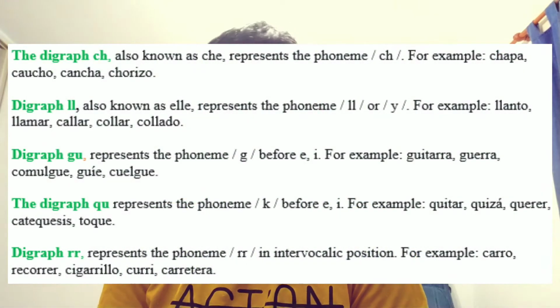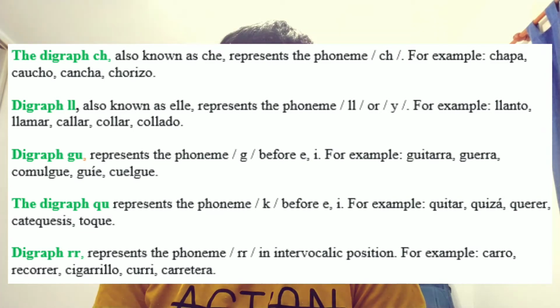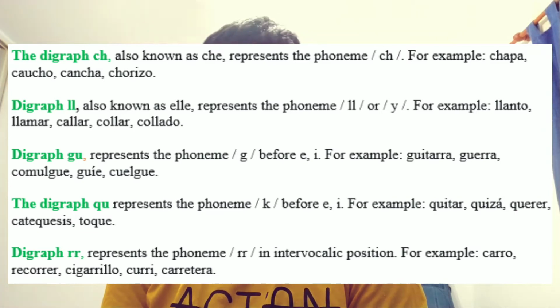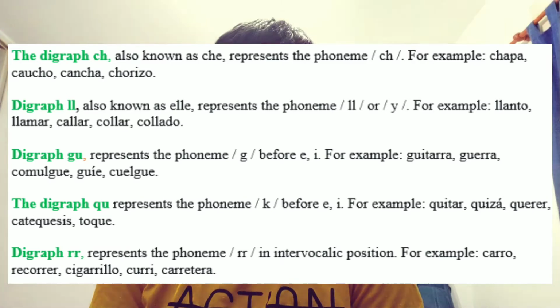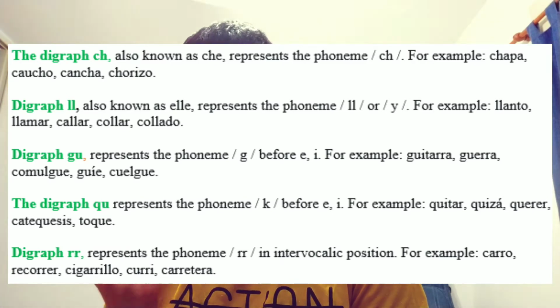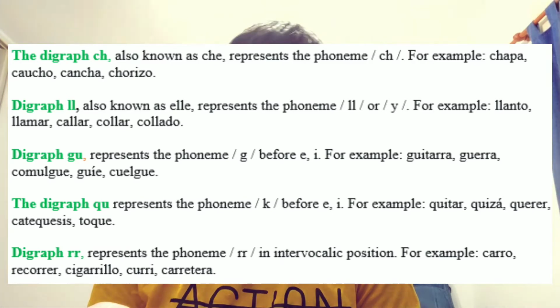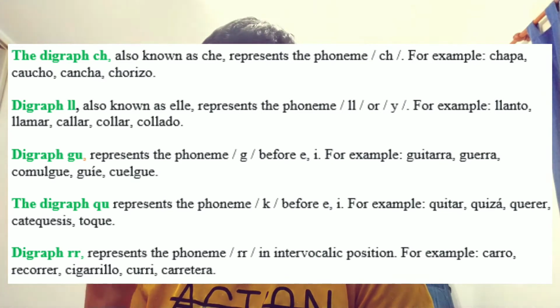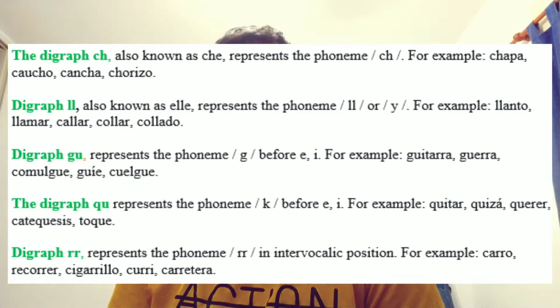So we have 5. We have the digraph ch, also known as che, representing the phoneme ch, which you can use in chapa, chorizo, caucho, and also cancha.